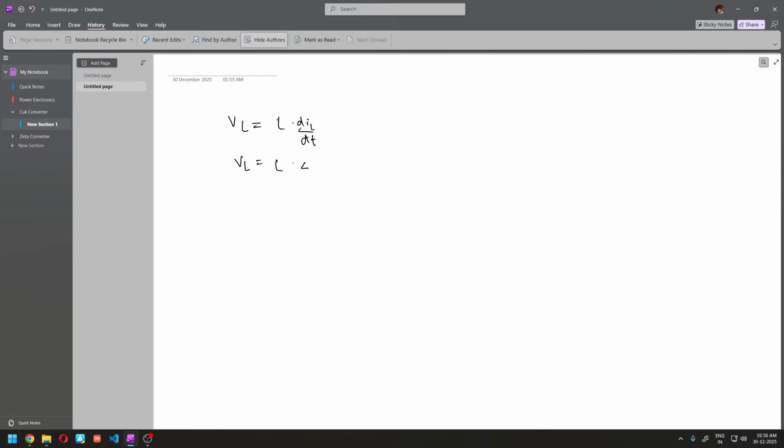The change in the current, divided by dt, which is delta T. And what we want to know is delta IL, right? So just shift this to the other side. So we have VL by L into delta T. And let's keep our analysis towards the on state, right? So during the on state, delta IL will be VL on divided by L into delta T.